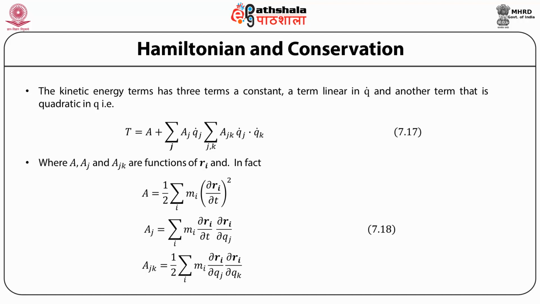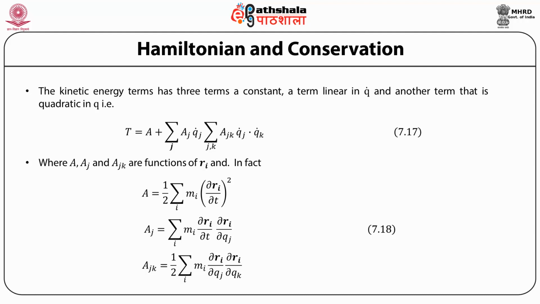Now, if the constraints are holonomic and scleronomous, the transformation equations do not contain the time explicitly, and in that case, the partial derivative of the coordinate r_i with respect to t is 0. Therefore, the kinetic energy term does not have a constant term or a linear term.